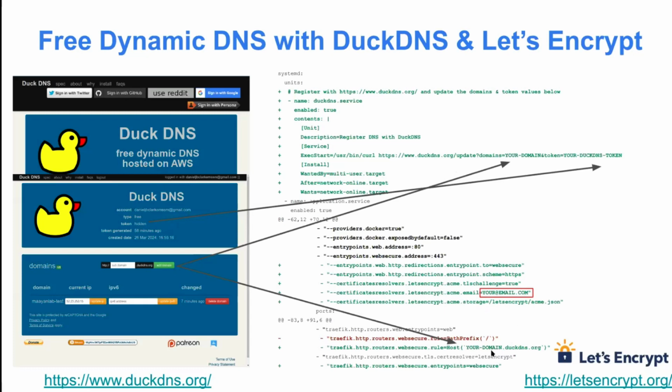And then you put in your domain.duckdns.org. So when you've done that, it will automatically get a secure HTTPS URL, and then your site will become HTTPS compatible.